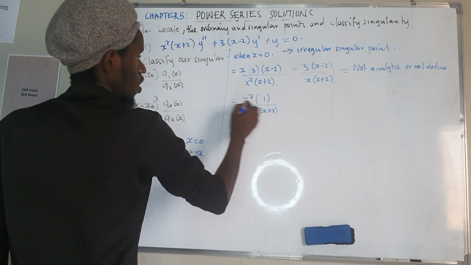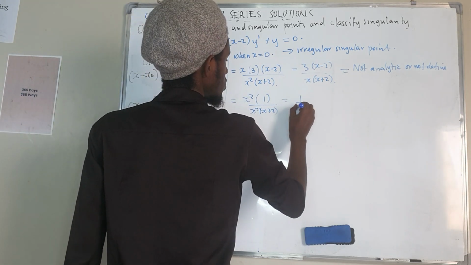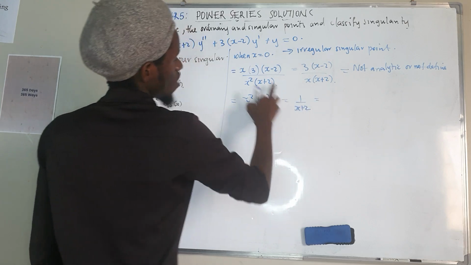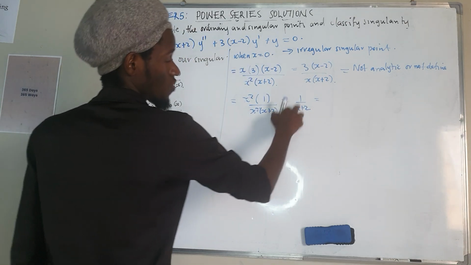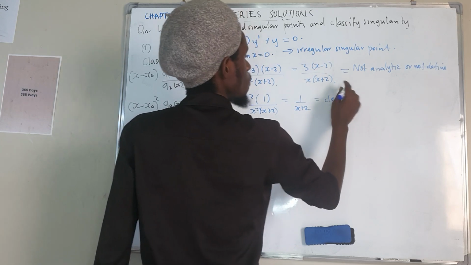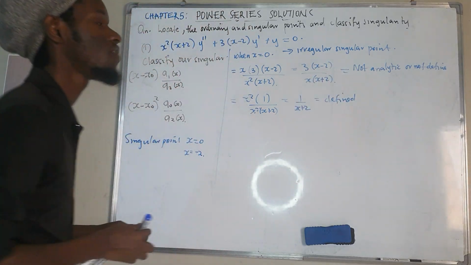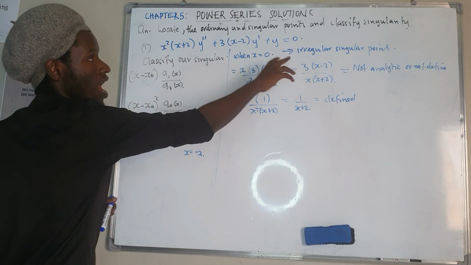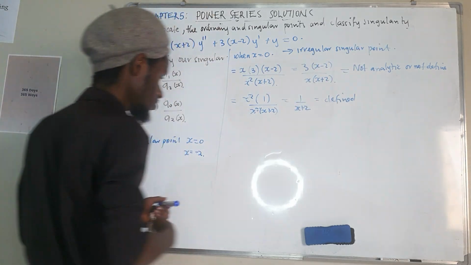Now this one will cancel this one, and I remain with 1 over x plus 2. If I put in x equals 0 here, I have a half, which is defined. But since one of these two rational functions is undefined, I conclude that x equals 0 is an irregular singular point.